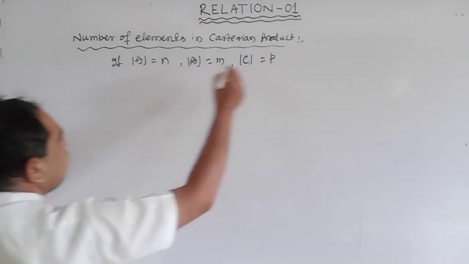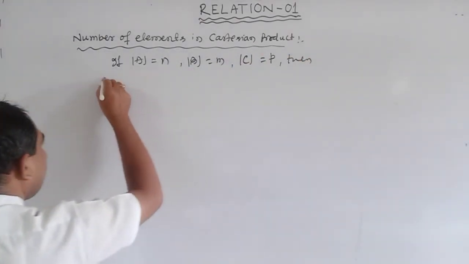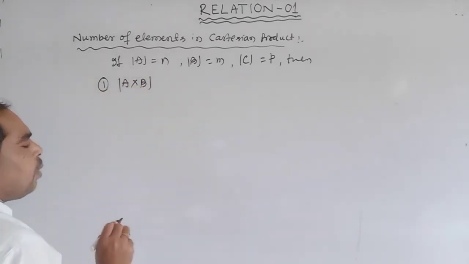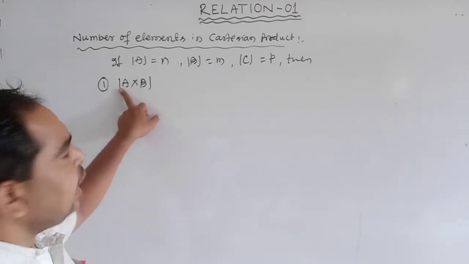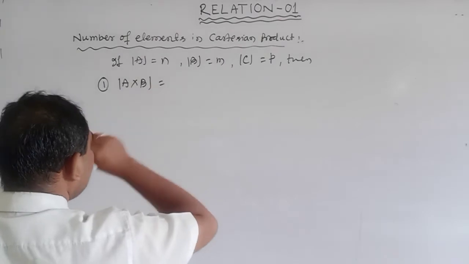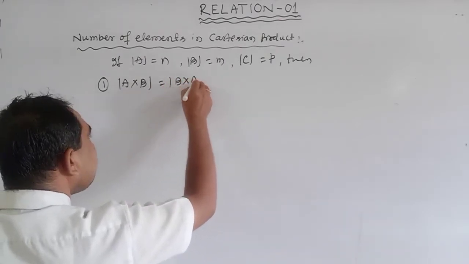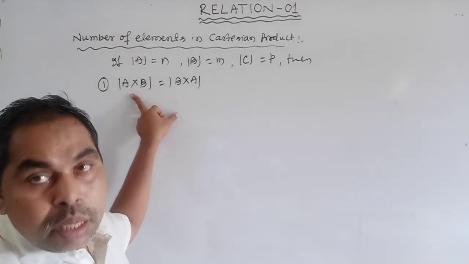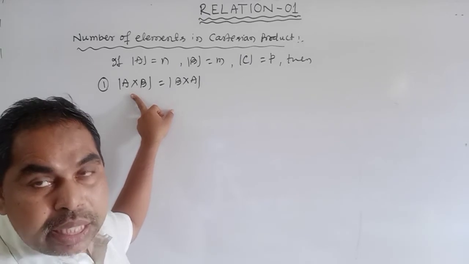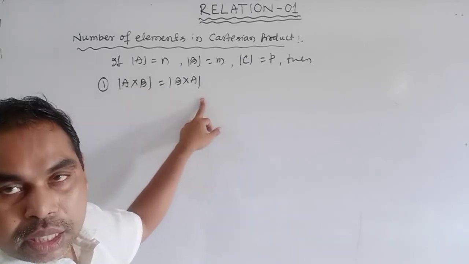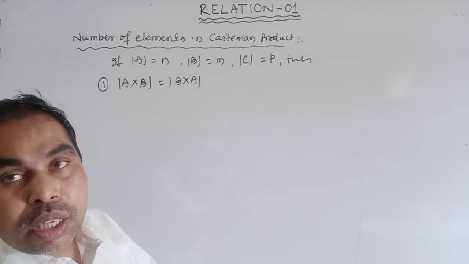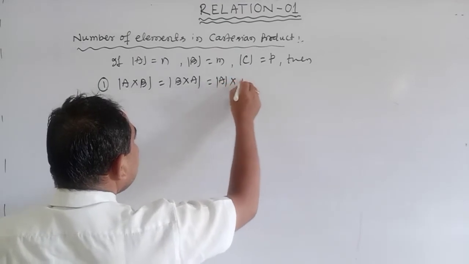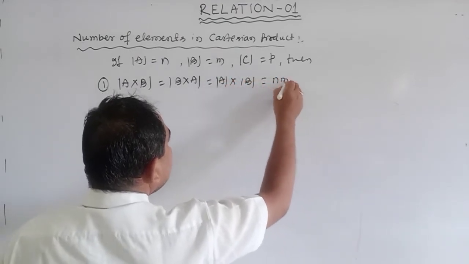Then, first one: mod of A into B, the number of ordered pairs in set A into set B, is equal to the number of elements in B into A. A into B is not equal to B into A, but the number of elements in A into B is equal to the number of elements in B into A. So it is equal to mod of A into mod of B, which is n into m.